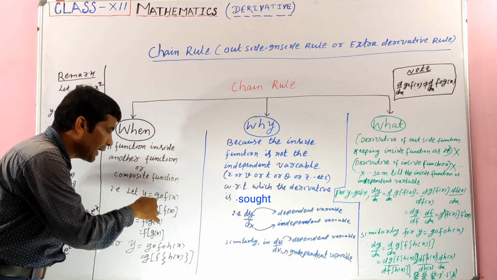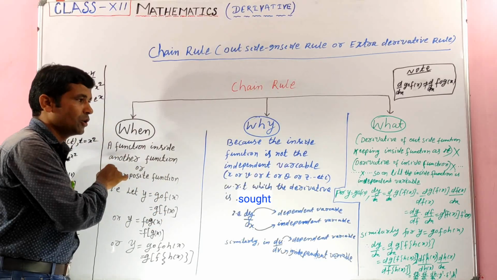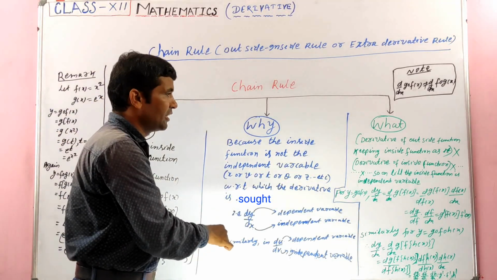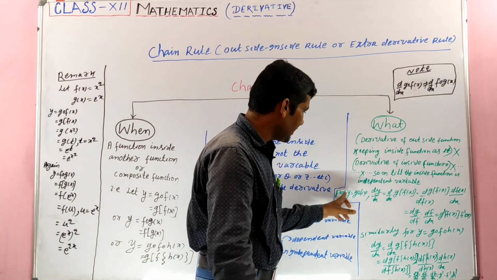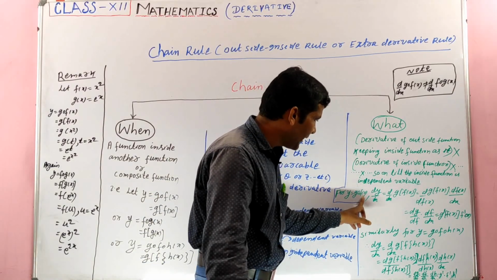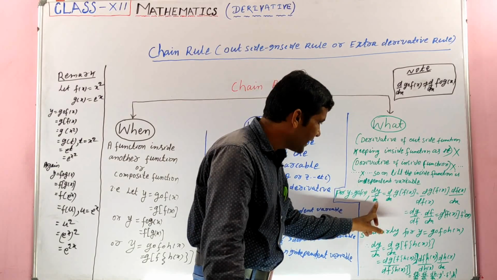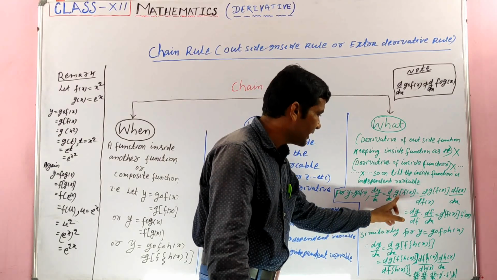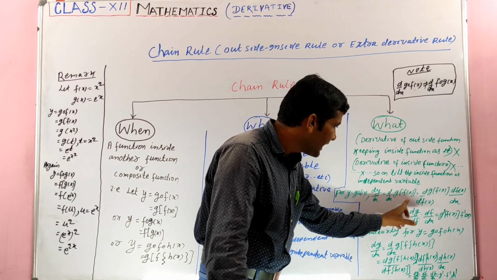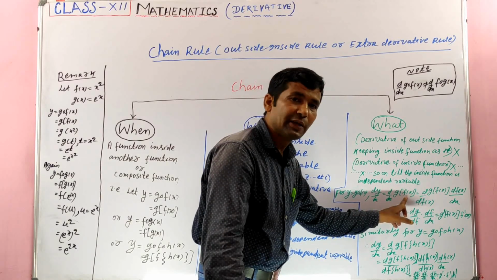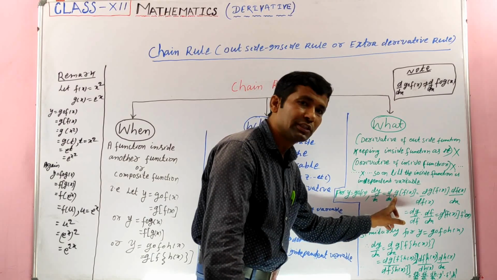So when we have to find the derivative of GOF, we have to adjust it with respect to the inside function. See here, for y equal to GOF x, dy by dx equal to d by dx g of f of x. Therefore, the inside function is f of x, outside function is g.